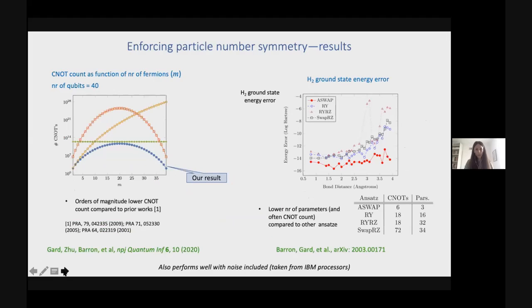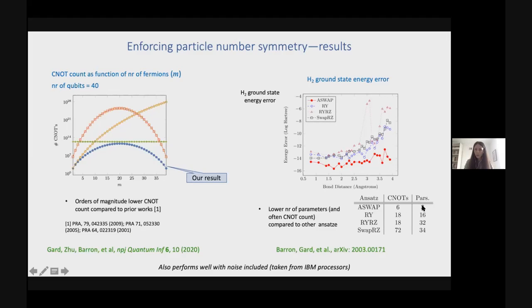So we've compared this to previous approaches, and we have shown that this approach minimizes the number of C-naughts. We also have a variation of this where we can also impose total spin, which is a little bit trickier. And we've compared our ansatz, which is these red dots here, with a built-in ansatz, which are these random circuits in Qiskit, IBM software.